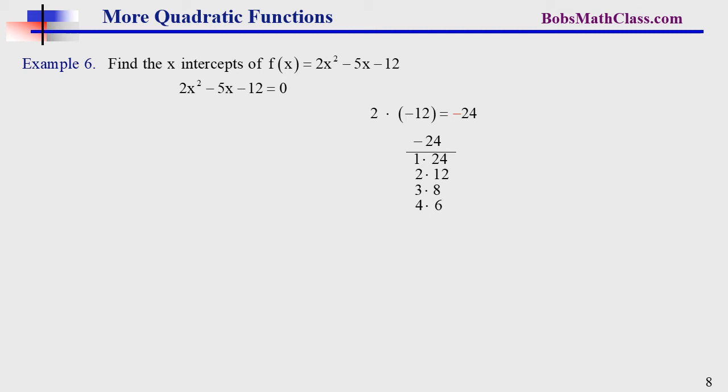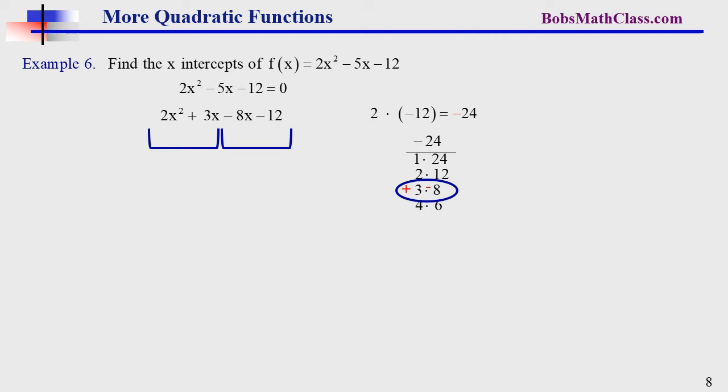So that would be 3 and 8. Positive 3, negative 8. From the first pair, factor out an x. From the second pair, factor out a negative 4. Also, I put the 3 first. If you wanted to put the negative 8 first, you could.